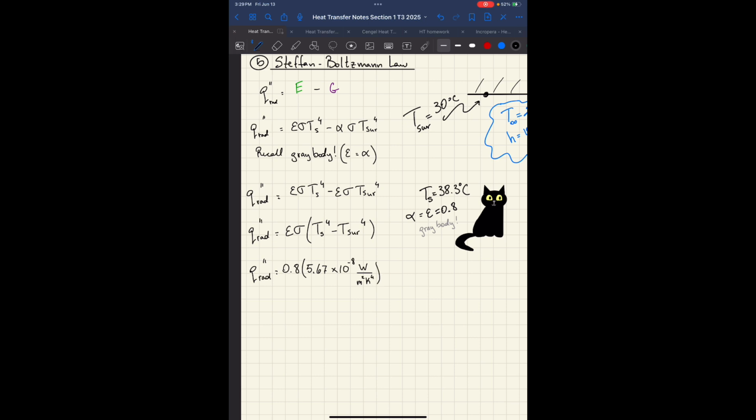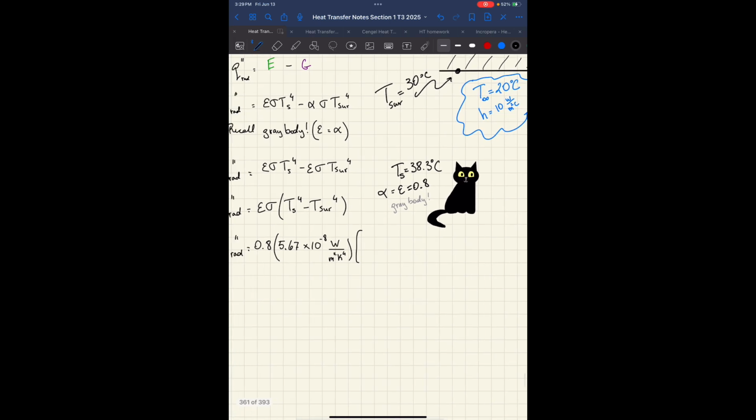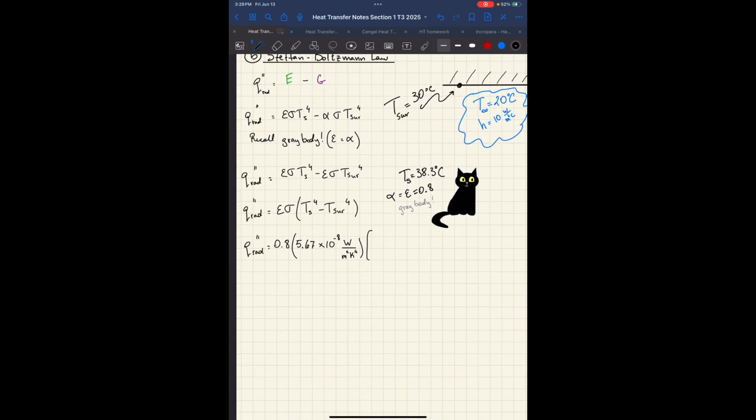Please don't forget that you must put the temperatures here in Kelvin. If you don't put them in Kelvin, the answer will be wrong, okay? This is not a normal temperature difference because you're taking the temperatures and raising them to the fourth power. So everything gets ruined, right? You can't just interchange Kelvin and Celsius anymore. Now you have to be very careful.